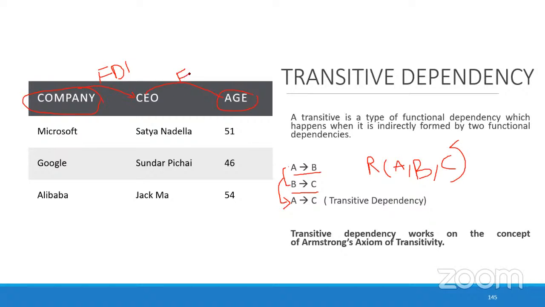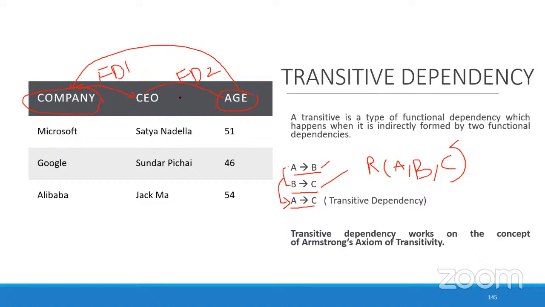From this example, you observe that if there is a functional dependency from A to B and B to C, then there is a chance for transitive dependency A to C. Similarly here, age is dependent on company. This is called transitive dependency. There is a functional dependency between company and CEO, and again between CEO and age.